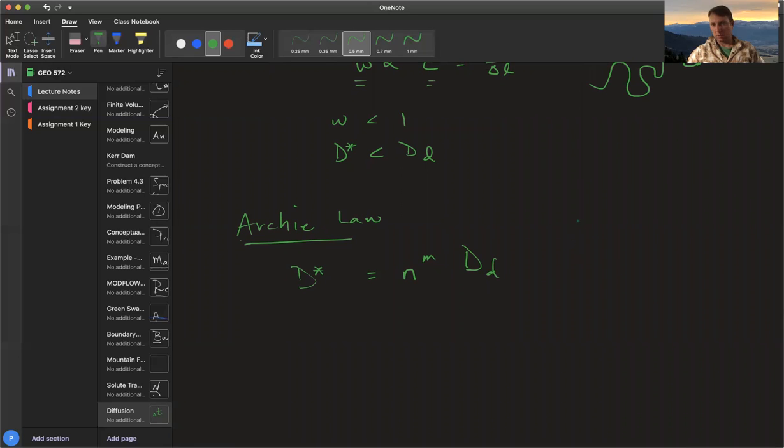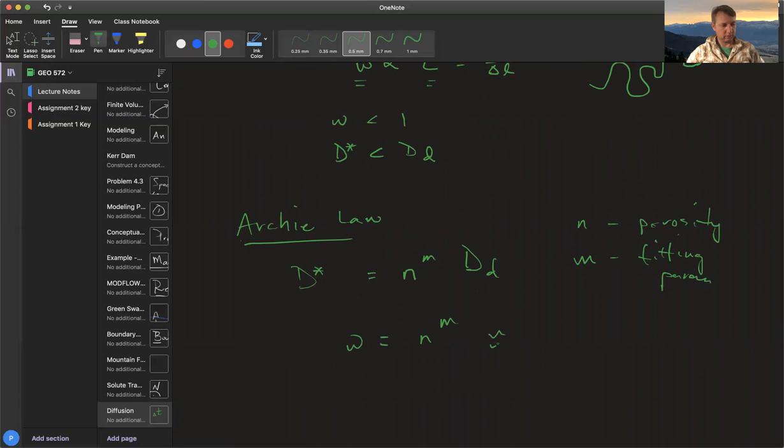So reminder, n is porosity, and m is some fitting parameter. So that says that omega is defined here in Archie's law as the porosity raised to this power m.